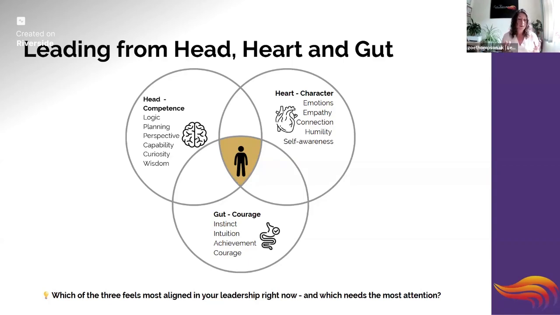When you lead with all three, then it starts to bring all of these great attributes together. Sometimes we do need to remind ourselves that the other two exist. So I want you to think about how you currently lead and where you might want to lean into more. It will feel uncomfortable because it is different.